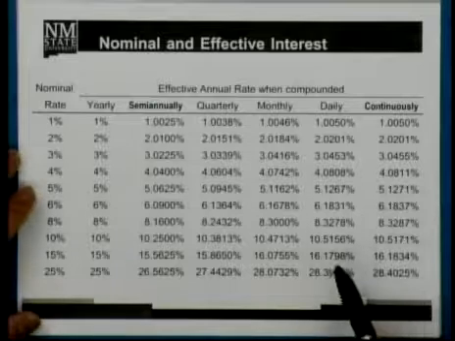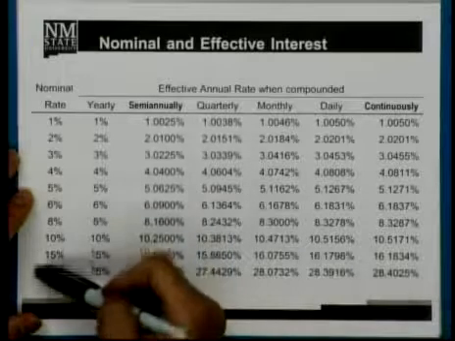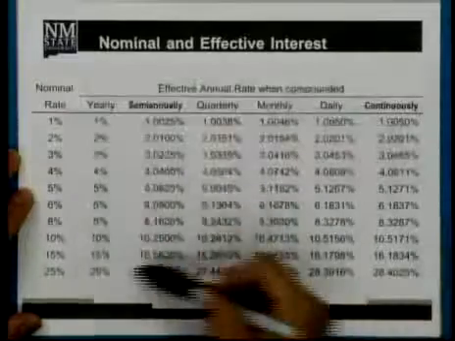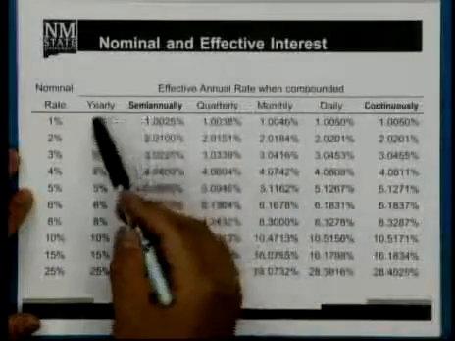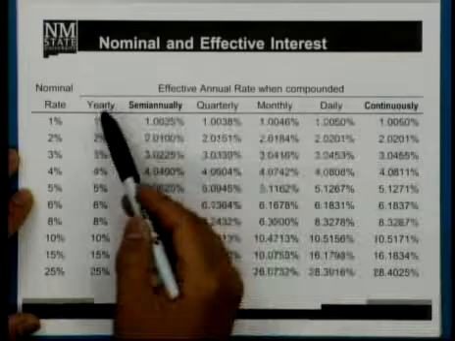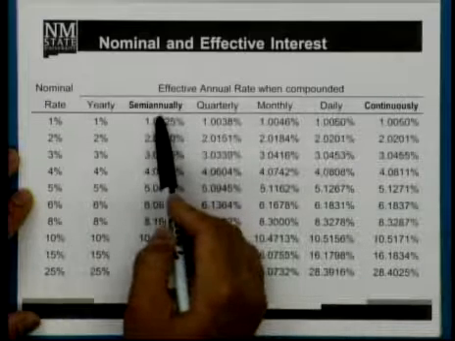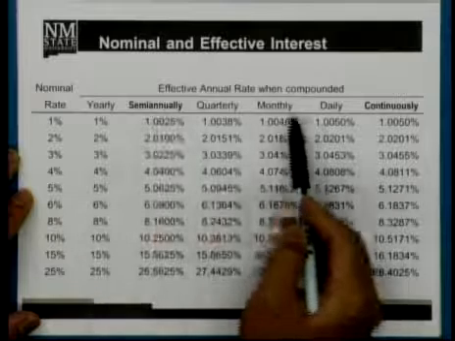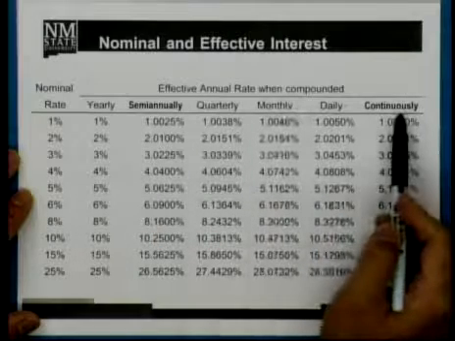And this table compares nominal interest rate with the effective interest rate for a range of compounding frequencies. Okay? It's compounded yearly, compounded semi-annually, compounded quarterly, compounded monthly, daily, and continuously.